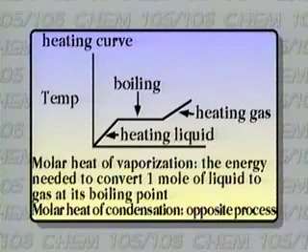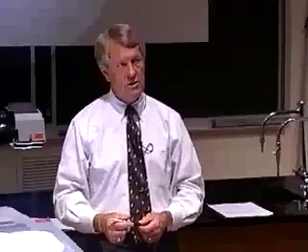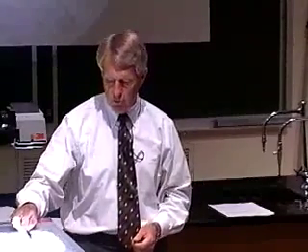We talked about that before. And if it's condensing, energy must be given off. And that's an exothermic process. But the magnitude, the amount of energy, is the same. Whether we're evaporating or condensing, we're going to have the same amount of energy changed per 1 mole of substance.